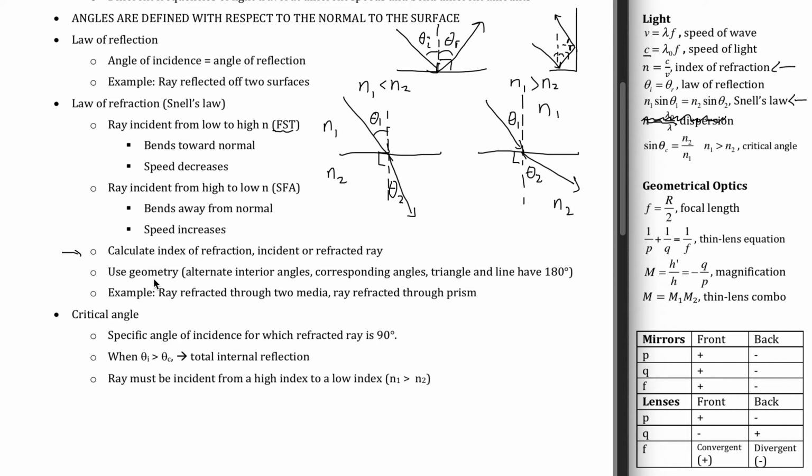And then the other thing here is that you do have to be able to know your geometry, such as your alternate interior angles and corresponding angles. This is helpful when you have a problem such as a prism, where your ray is refracted through that prism, and so you need to use those angles to help you find the answer.